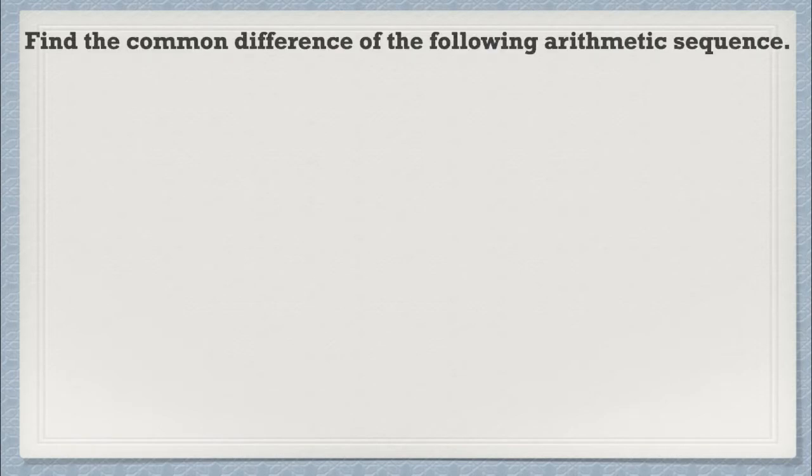Now let's have examples. Find the common difference of the following arithmetic sequence. Number 1, you have 21, 31, 41, 51, and 61.